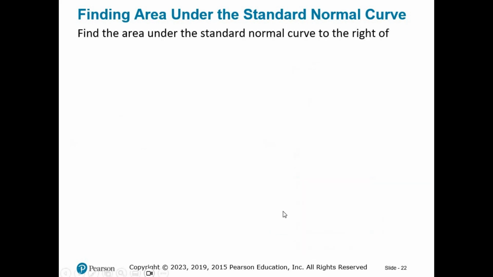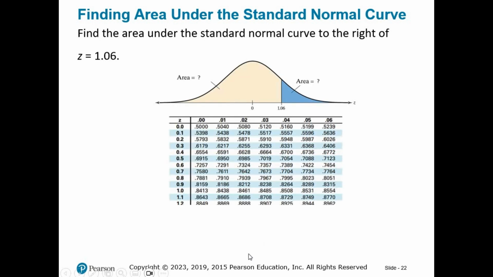Next one, find the area under the standard normal curve to the right of z equals 1.06. They give you a picture, and here's the table. Pause the video and find the area. Okay, so you look for the z column first, find the beginning of the number, 1.0, then you find the end of your number, 0.06, then you look for the intersection, 0.8554.